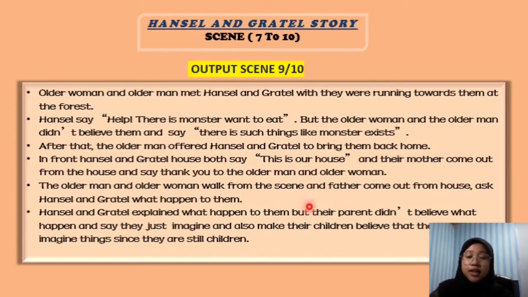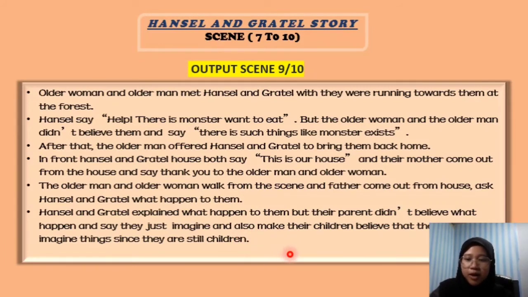And then after that it's the father's turn to come out from the house. After the father comes out, he asks Hansel and Gretel what happened to them. And then Hansel and Gretel explain what happened to them, how they found the old lady, and then the old lady became a monster. But it turned out their parents also didn't believe them and said they just imagined things because they were children.